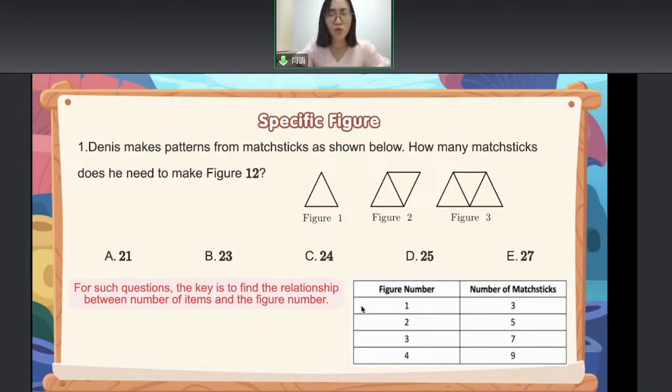So here, do we really need to write down one by one until figure 12? Yes or no? No need, right? So you see that this is just our first step. Try to draw a table to list out a few figure numbers and the number of matchsticks. And following the table, the key is to figure out the relationship here.